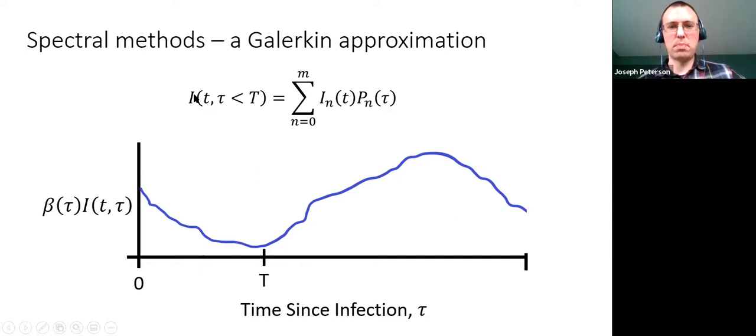And what a Galerkin approximation does is it says, first of all, we don't need to worry about the whole history of the infection. All we need to worry about is those infections that are presently within this transmittable range. We don't need to worry about infections that were 6 months ago. Let's just make sure that we're modeling correctly the infections that are less than 3 weeks old, for example. So those are the ones that are still spreading, okay?